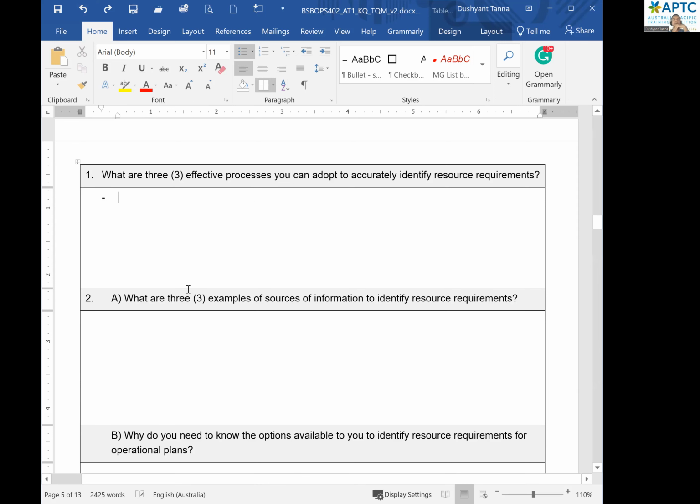What are the 3 effective processes you can adopt to identify resource requirement? How do you identify resource requirement? You talk to someone, isn't it? But we don't write in plain language. We call it consultation with the resource manager.